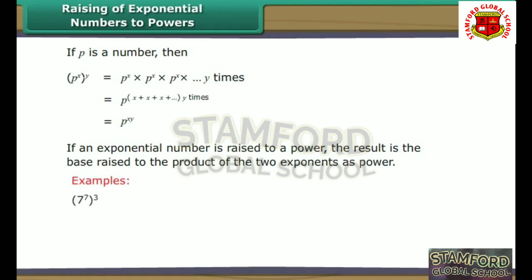Let us look at some examples. 7 raised to the power 7, raised to the power 3, is equal to 7 raised to the power 7 into 7 raised to the power 7 into 7 raised to the power 7, which is 7 raised to the power 21, which equals 7 raised to the power 7 into 3.